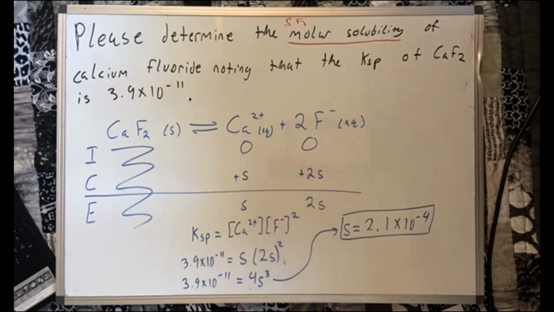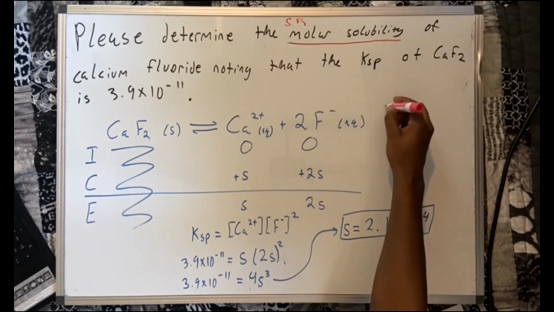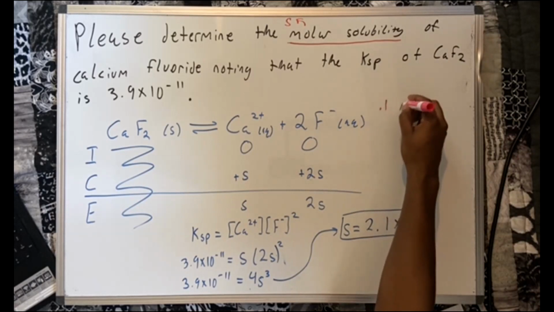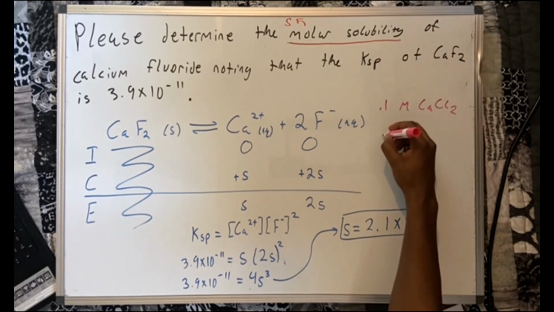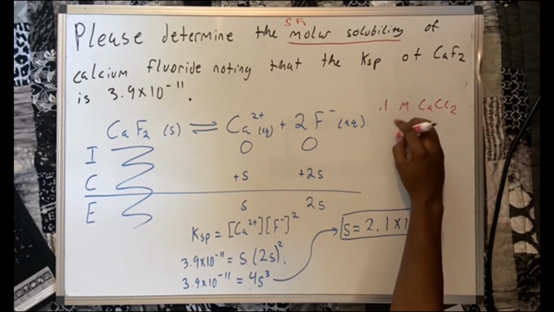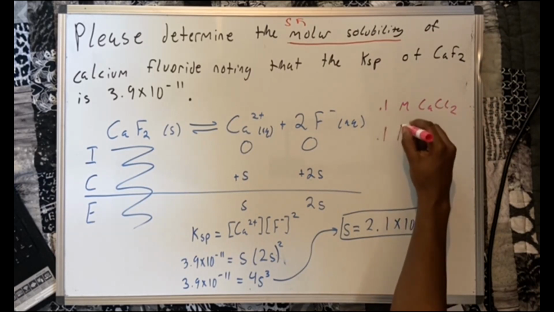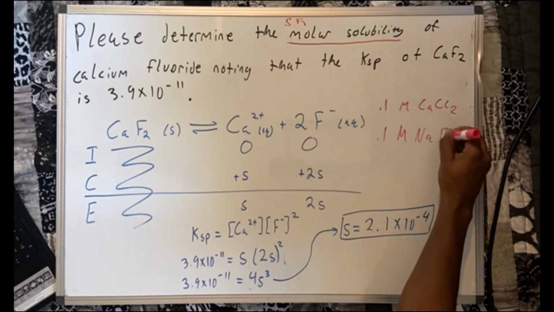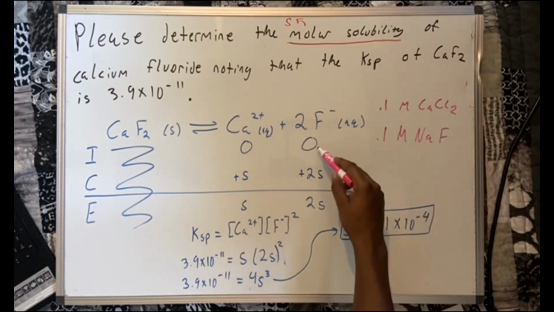So they'll say, oh, we're going to have a solution of some 0.1 molar CaCl2, and then 0.1 molar NaF or something like that, which essentially just gives you initial amounts, right?